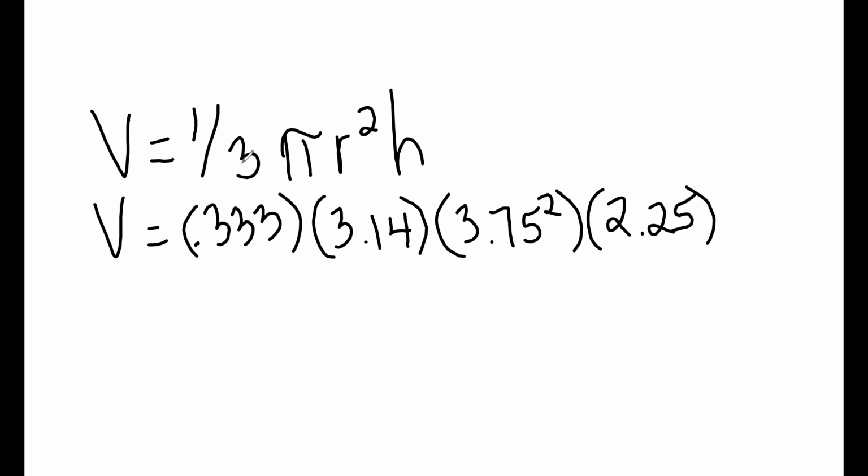So now if you're gonna do this in the calculator, you want to have parentheses around everything so that the calculator can make sure it's doing the order of operations. If not, then you just want to start with this part. You can multiply in any order after you do the squaring.